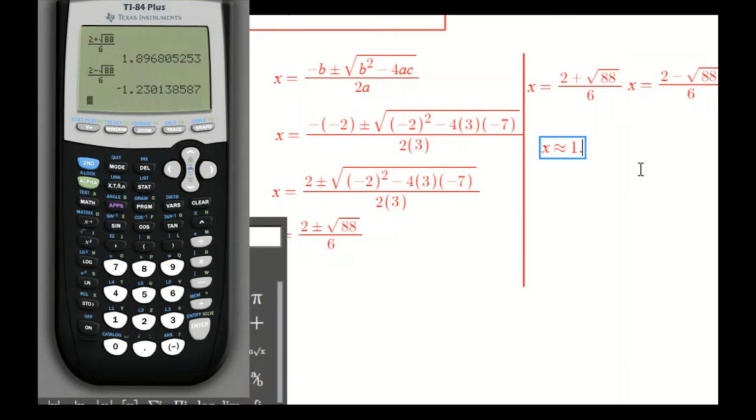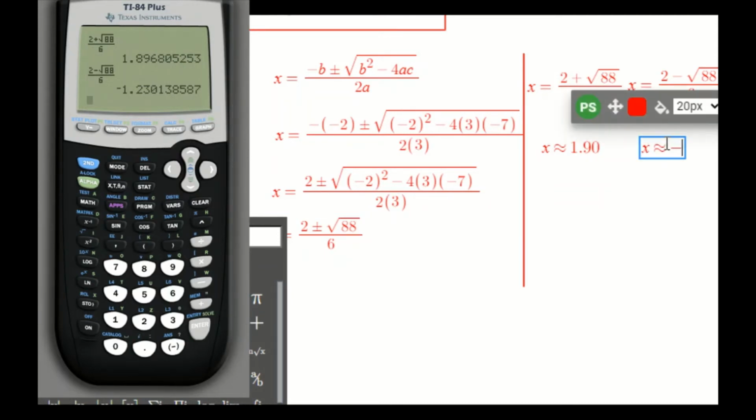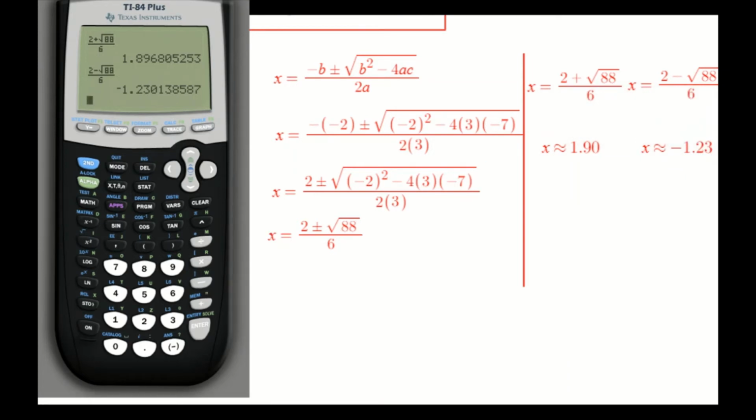Since we've got that 6 as the third decimal place, that's going to round this up to a 10, so 0, carry the 1. So it's really going to be 1.90 if we're rounding correctly. And then my other one is going to be x is approximately equal to negative 1.23. So I'm just rounding to 2 decimals here. It didn't specify how many decimals, but 2 is usually pretty good.